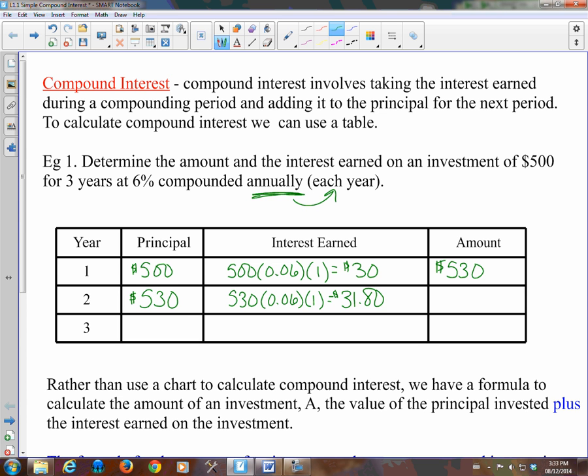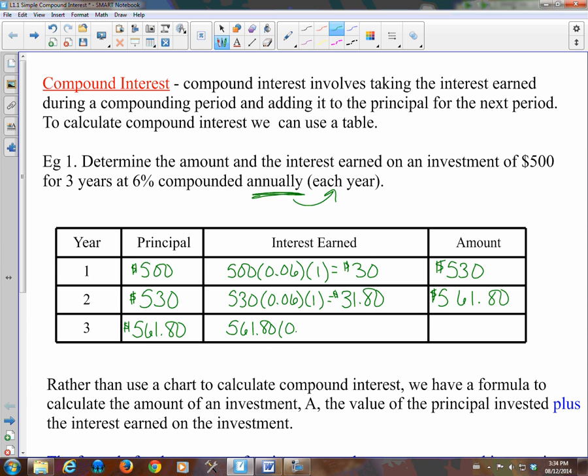So I now have 530 plus 31.80, so $561.80. So in the third year, I will take my principal plus all of my interest, $561.80, and I'm going to earn interest on all of it, not just the $500 I started with.